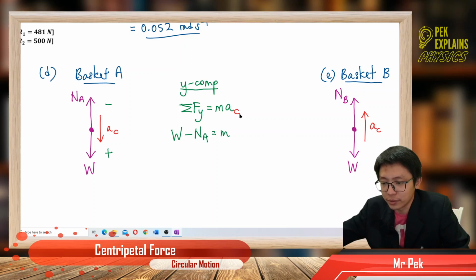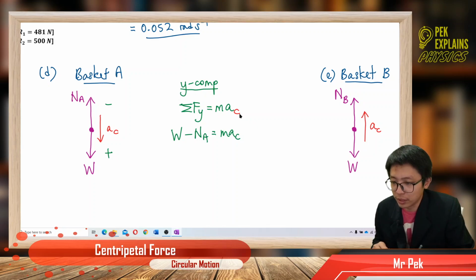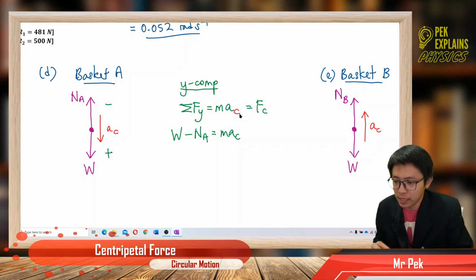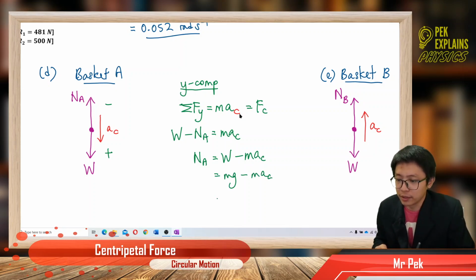So this is equal to MAC, the centripetal force FC, only the Y component. So NA is equal to W minus MAC, or mg minus MAC. What is our mass?